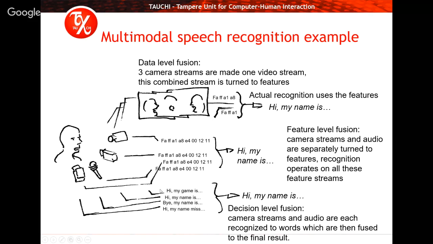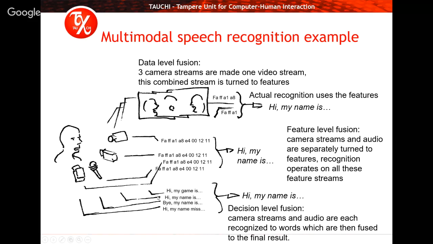And then we have the decision level fusion. So we have a separate lip reading recognizer, another lip reading recognizer, 1 regular speech recognizer, and the 3rd lip reading recognizer. Each of them operates on 1 of the cameras or the microphone. One of them might say that, okay, user says, "hi, my game is."